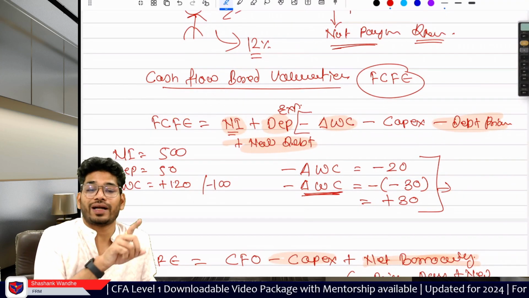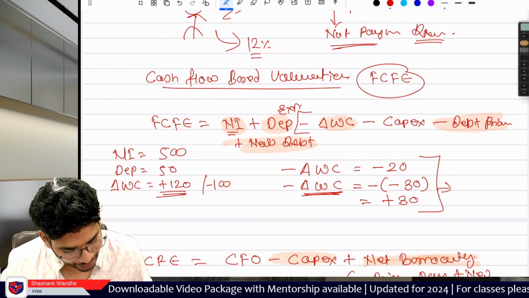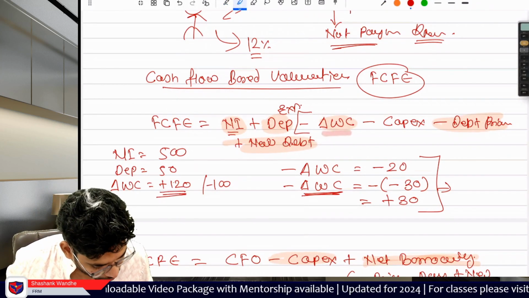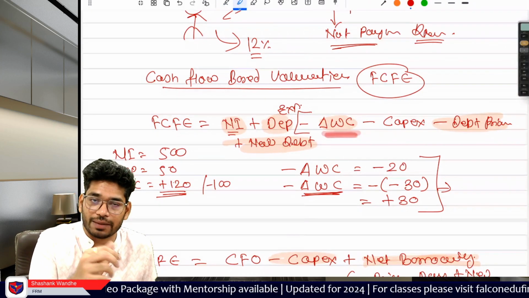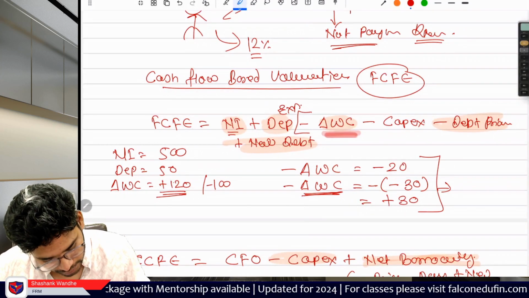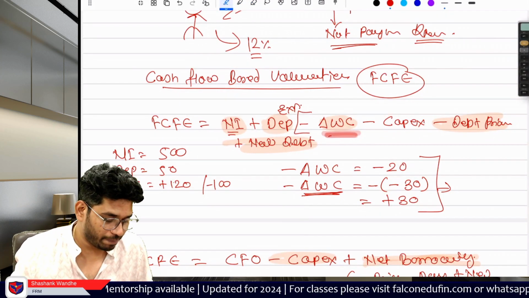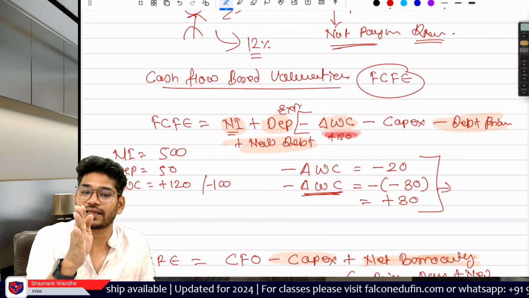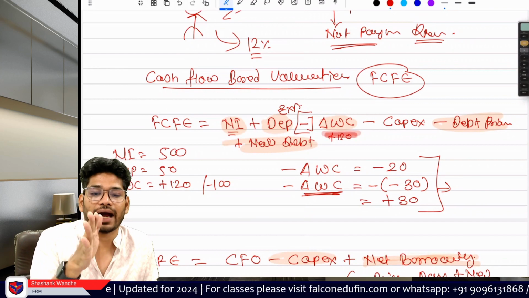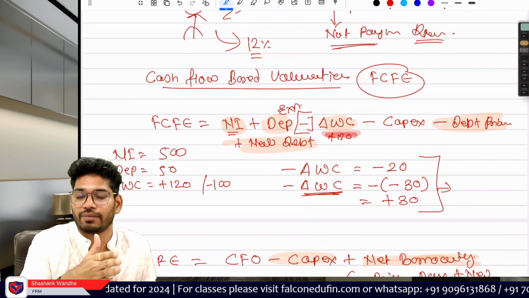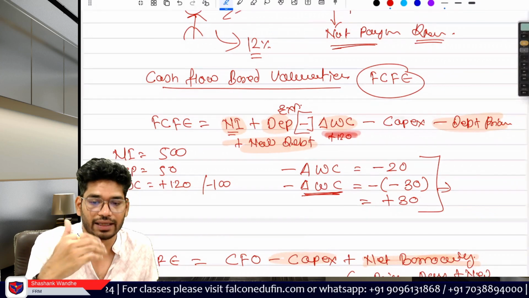Okay, so plus 120 directly, remember this value you have to put in this only, and then whatever is the plus minus, you have to multiply it and solve it. So if there is an increase, this is plus 120, but remember this is in the minus. This sign is separate, so you will minus it and automatically it will be the minus. And if the working capital is decreasing, then it will be added back.